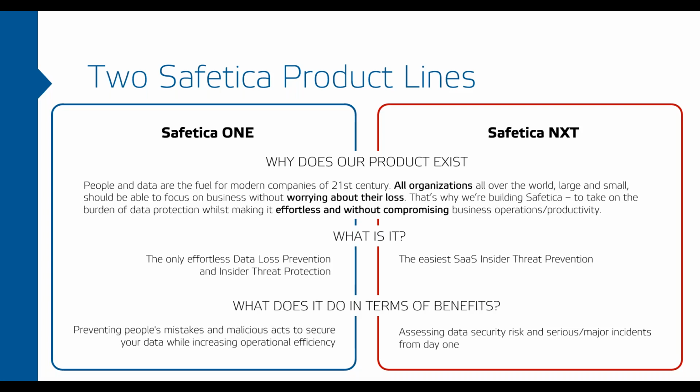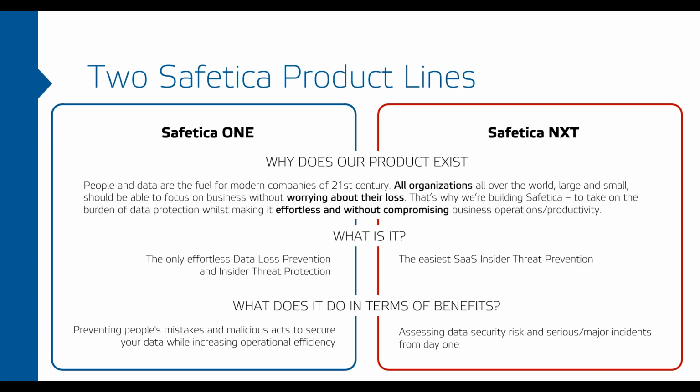Safetica One, as you already know, is an on-prem solution, and in Safetica Next, we used a completely different approach. Based on market requirements, Safetica Next is a SaaS solution hosted in the cloud. So Safetica Next is the easiest SaaS insider threat prevention. Safetica One is a more robust solution with restrictions.